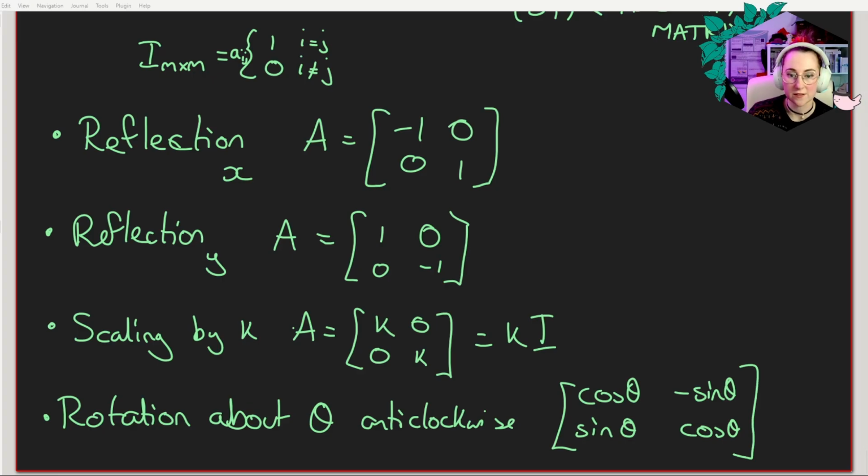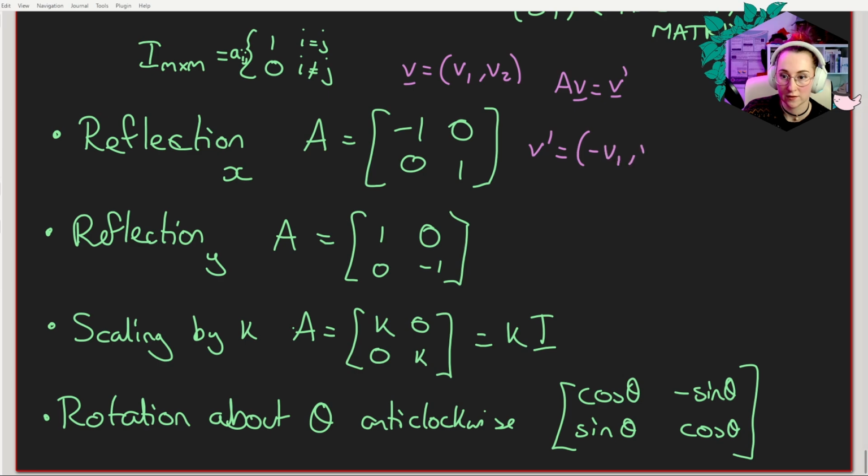And what these map to, if v is v1, v2, and v goes through all of these matrices, Av is sort of v prime again. Here, v prime is minus v1, v2. Here, v prime is v1, minus v2. Here, v prime is going to be kv1, kv2.